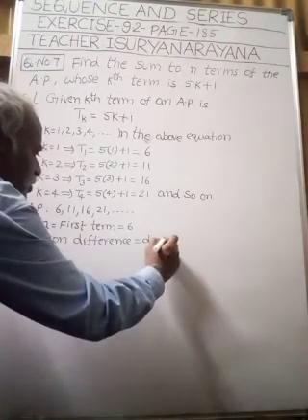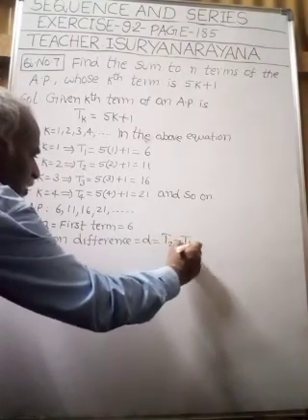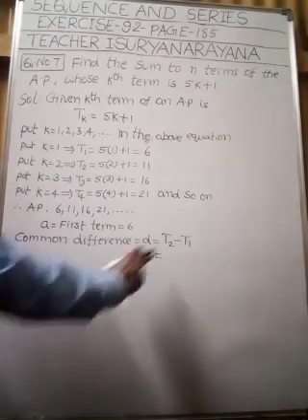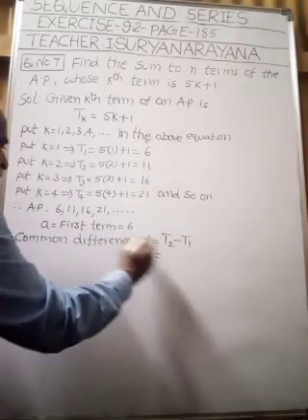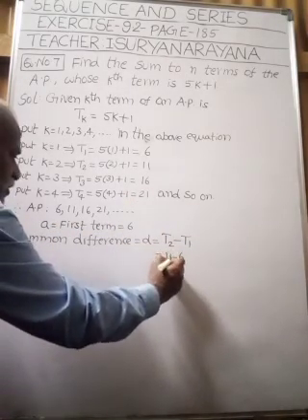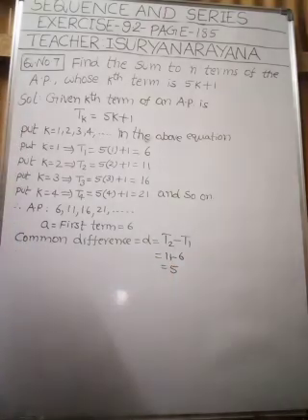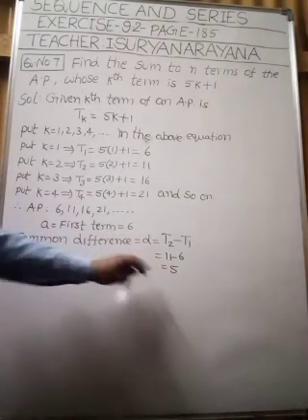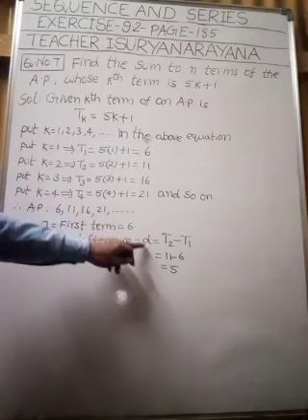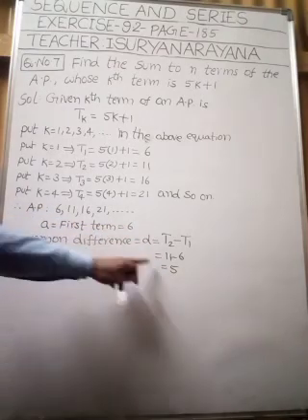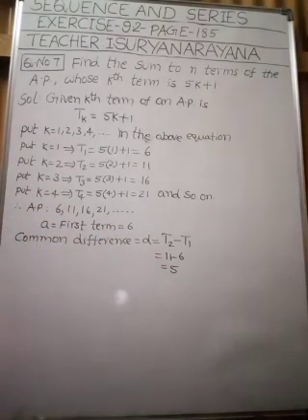Okay, my children. So T2 minus T1. Second term minus first term. What is the second term here? 11 minus 6. Okay, my children, understood this one? So common difference is 5. First term A is equal to 6 and common difference is 5.